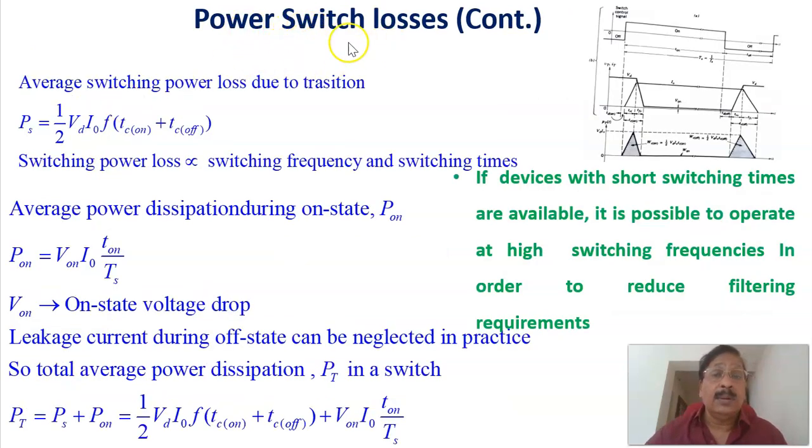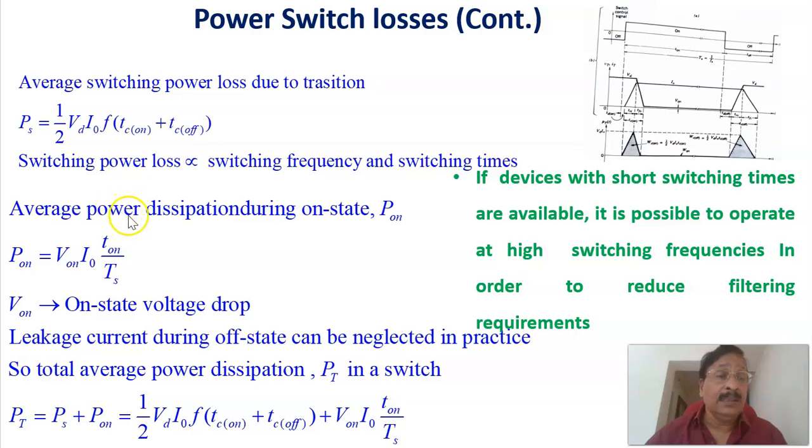Continuing the switching loss, here the average switching power loss due to the transition is given by half of VD into I naught into the frequency into TC on plus TC off, or the switching power loss is proportional to the frequency as well as the switching timings TC on and TC off.